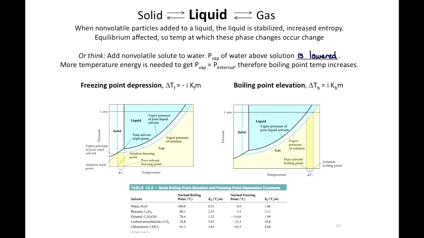And so that's why we have boiling point elevation. Because our vapor pressures are lowered in the mixture, we elevate those boiling points. Same idea for freezing point depression: once you have a salty water or sugary water solution, we have to get that solution colder in order for it to freeze.